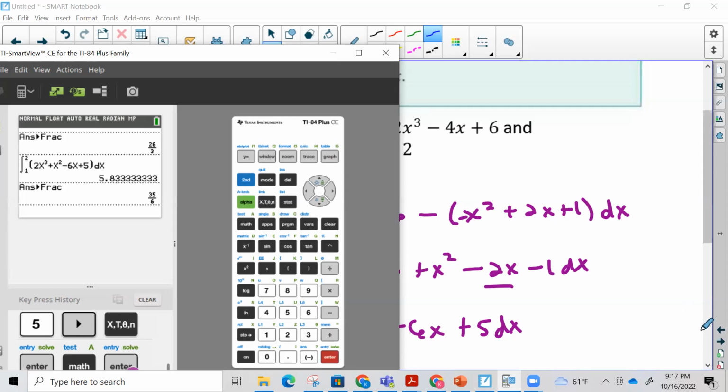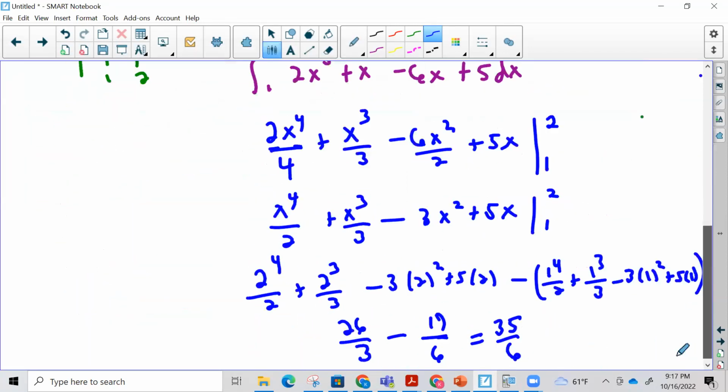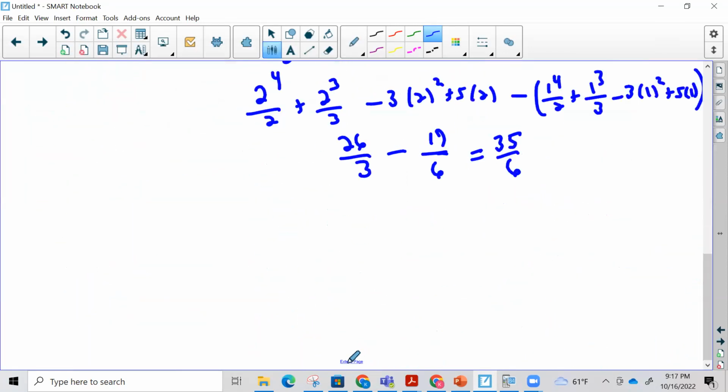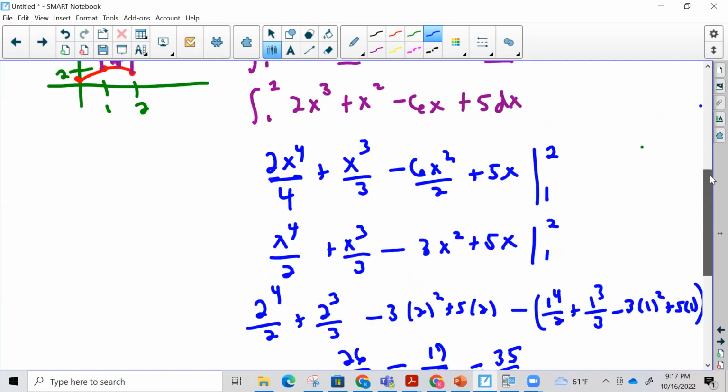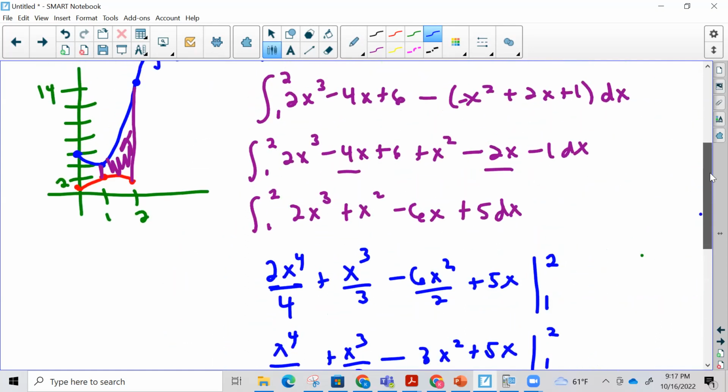Now, if you have an old calculator, what you will see is it will say f int and then a blinking cursor. So if that's the case, what you do is you put in the original function, again, not after you integrate.